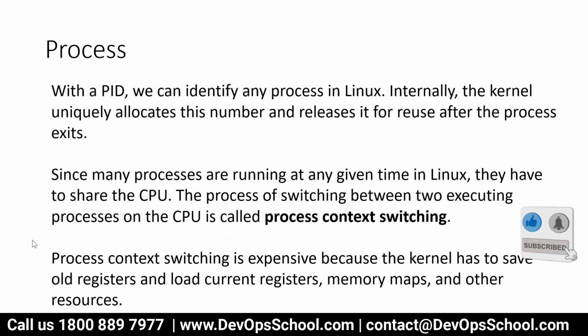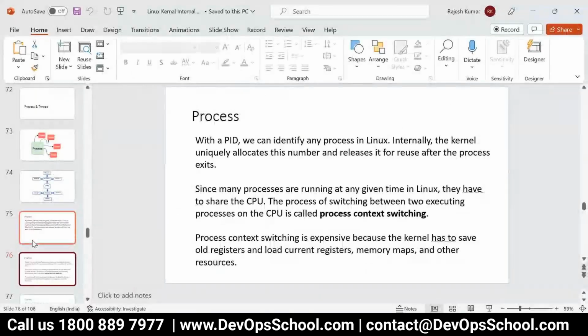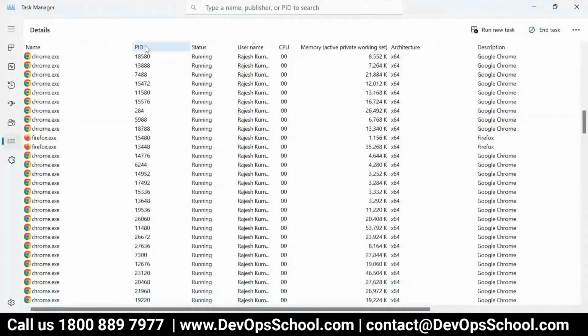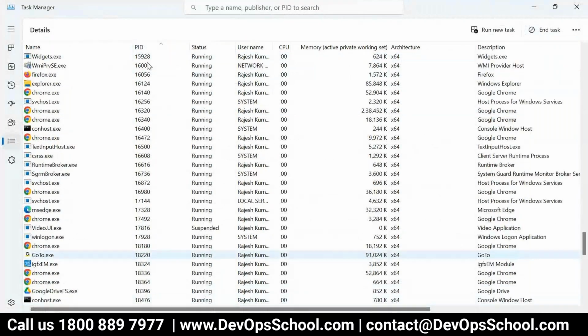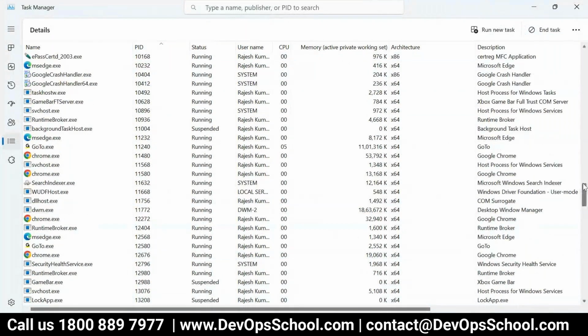With a PID, we can identify any process in Linux. PID means process ID. You will see that every process has a PID.